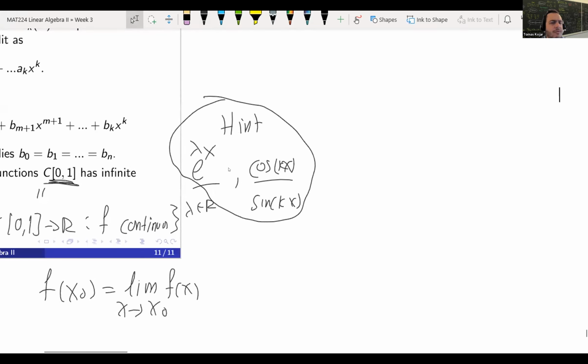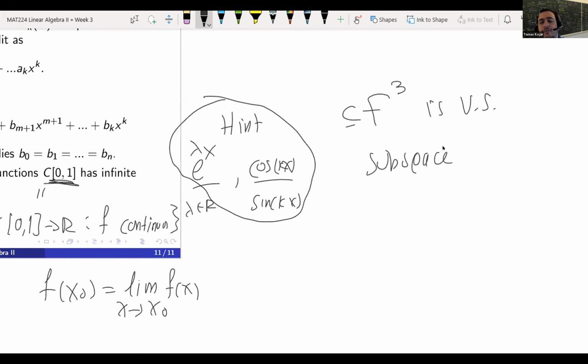Just to be clear, in class we proved that if you give me any field to some power, in this case 3, it's a vector space. If you give me a subset of it, you have to show it is a subspace, so you have to check the closure.